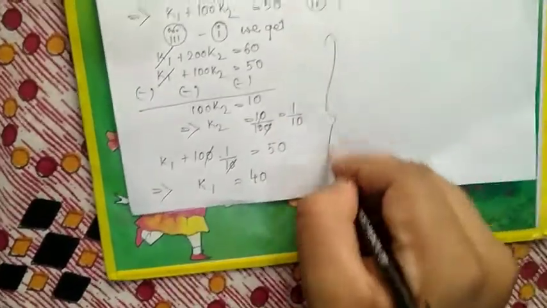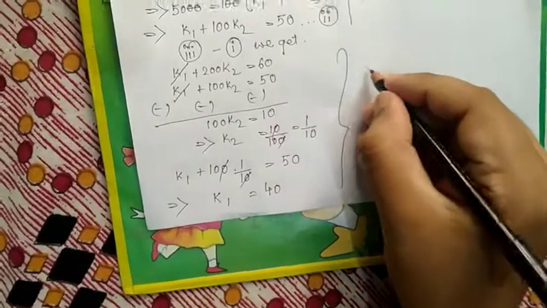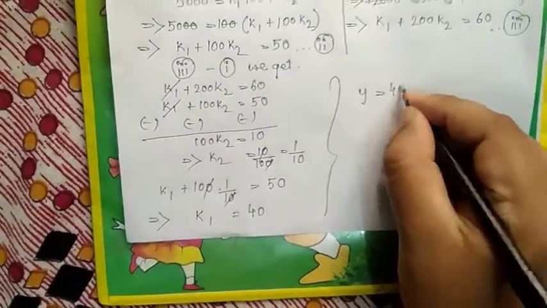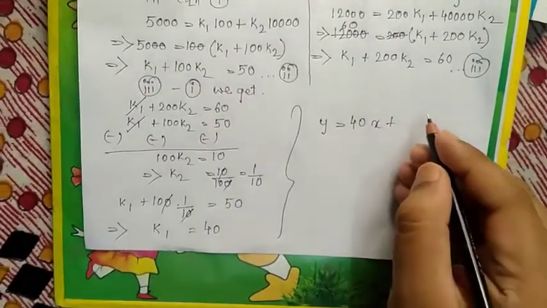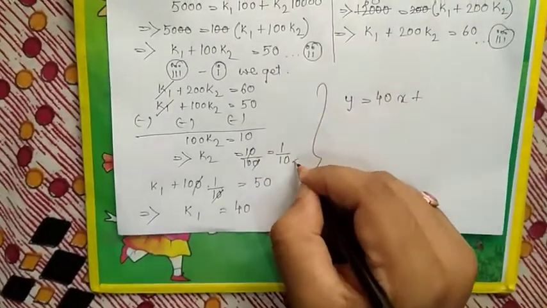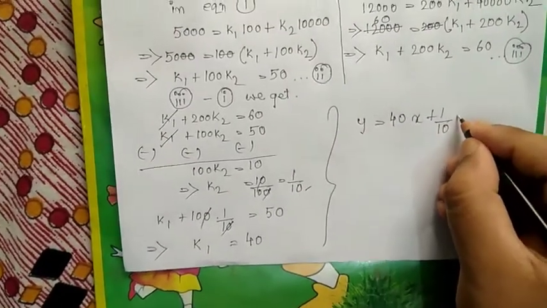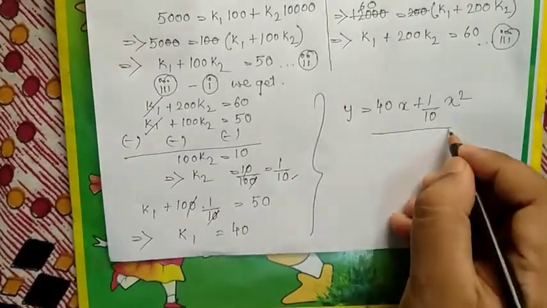So we can write the equation as y equal to 40x plus 1 by 10 x square.